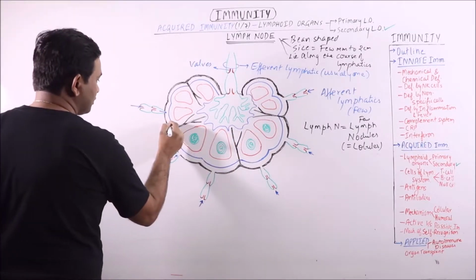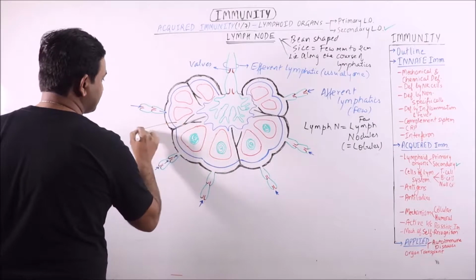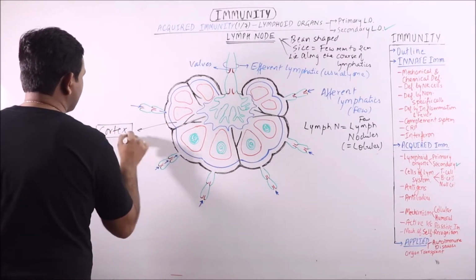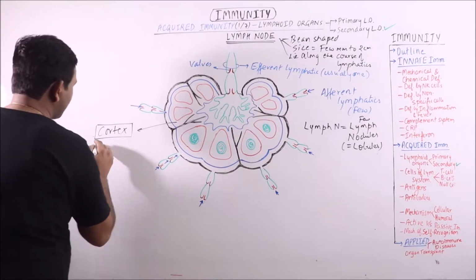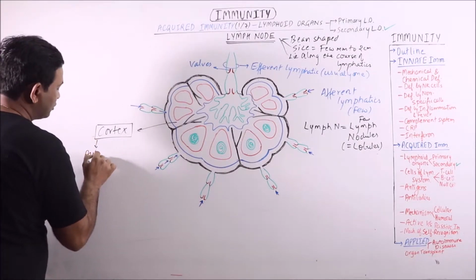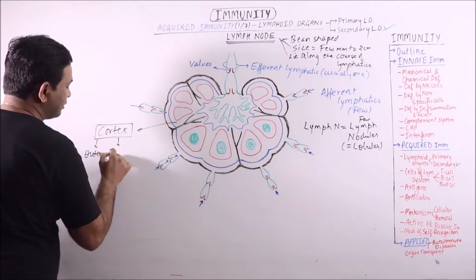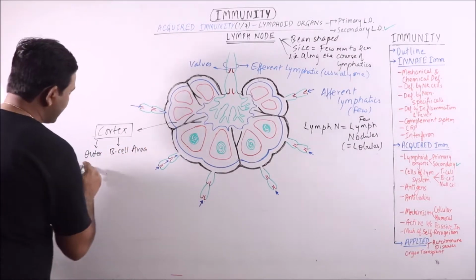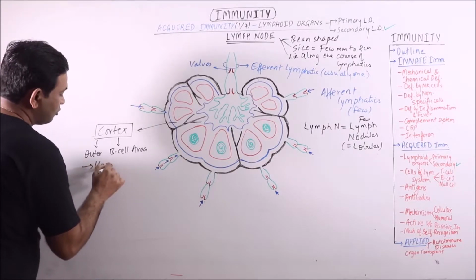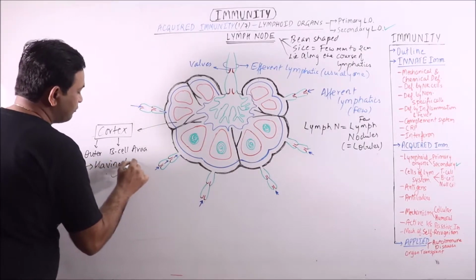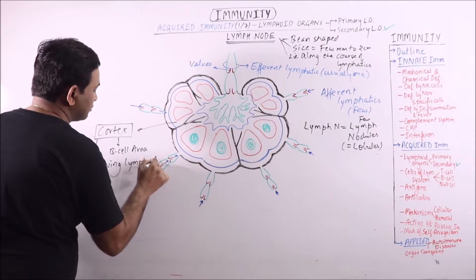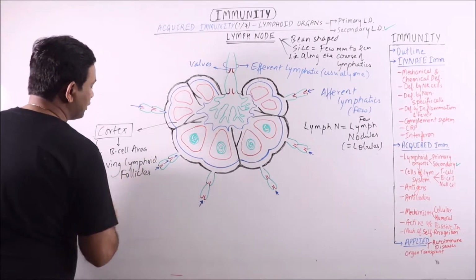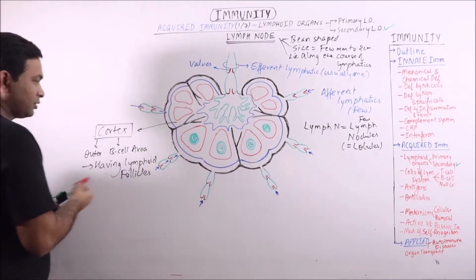So first of all, this is cortex. Cortex is the outer region and it is B cell area. It is having follicles, that is lymphoid follicles. These follicles are of two types.